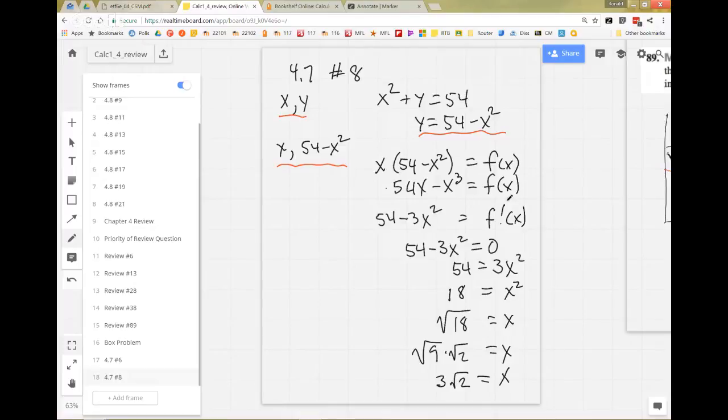And the first derivative would have to be 0 at a maximum point. So find the derivative. 54 minus 3x squared equals that derivative. Set the derivative equal to 0. Solve for x. And there she is. So when x equals 3 times the square root of 2, we would be at a maximum.